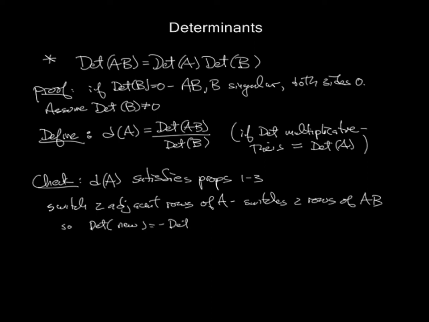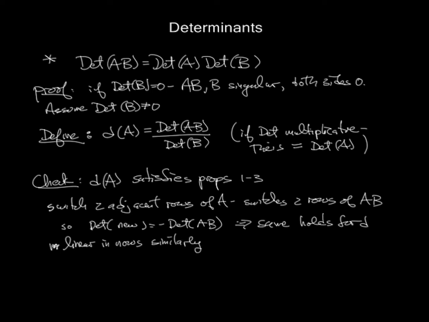And similarly, checking the linear property in the rows is very similar. And then finally, d of the identity is supposed to be 1. Well, d of I is the determinant of IB over determinant of B, and of course that's 1. Pretty neat, huh? That shows that the determinant is multiplicative without breaking a sweat.